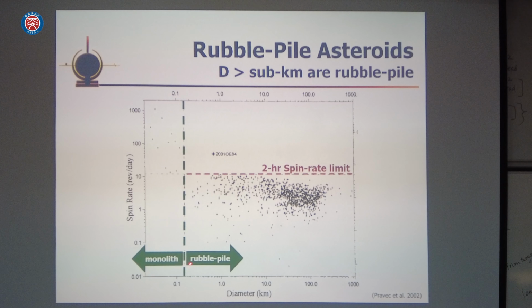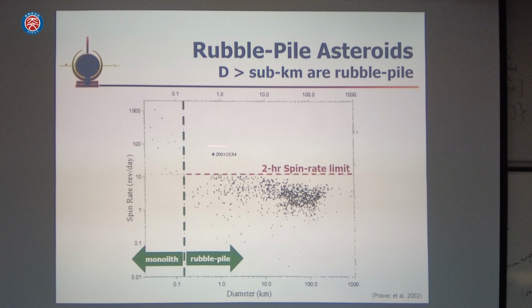So he said that asteroids larger than 150 meters are in the rubble-pile structure region, and they cannot rotate shorter than 2 hours. But smaller ones, because they are monoliths, can rotate as fast as they want.